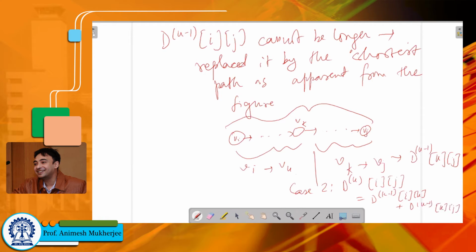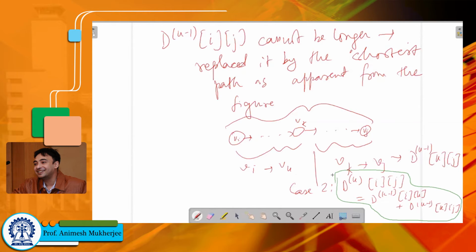So you see, this is the crux of the whole problem. We have now been able to get the optimal substructure. So for any value of k from 0 to n, d^k_ij is equal to d^(k-1)_ik plus d^(k-1)_kj.